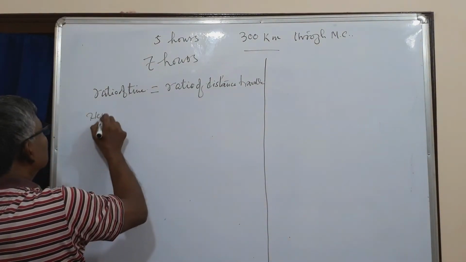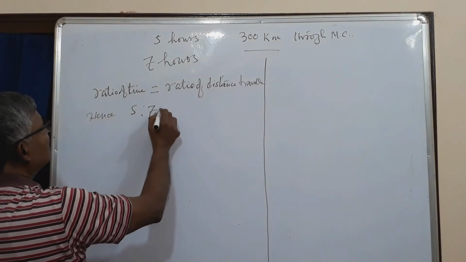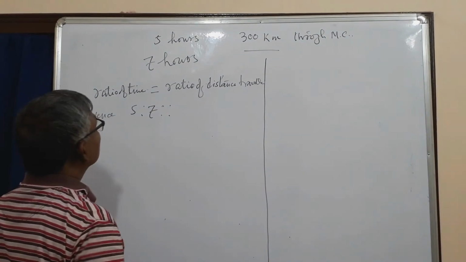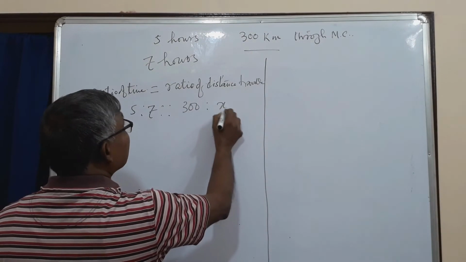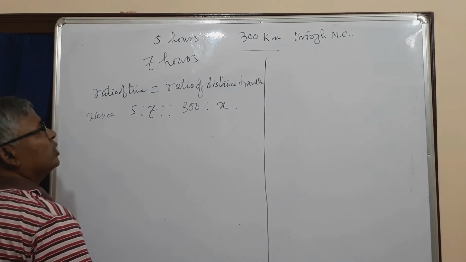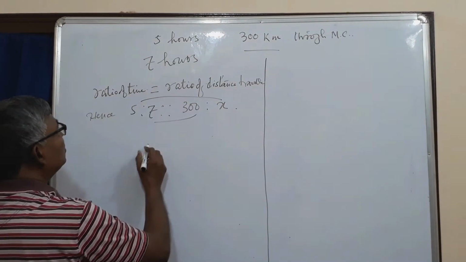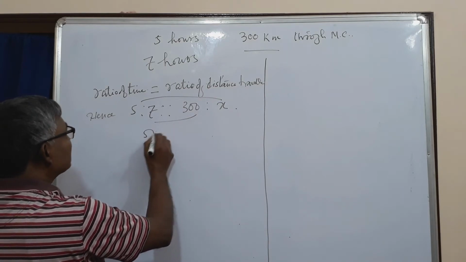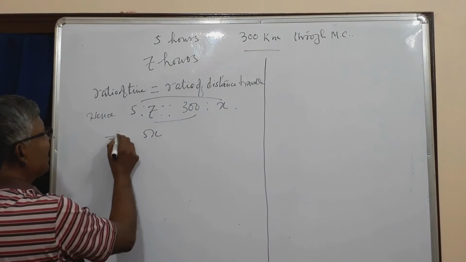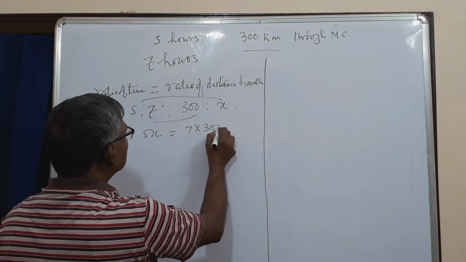Hence 5:7 as 300 is to x. So in proportion you have learned 5 into x equals 7 into 300. This implies 5x equals 7 into 300.